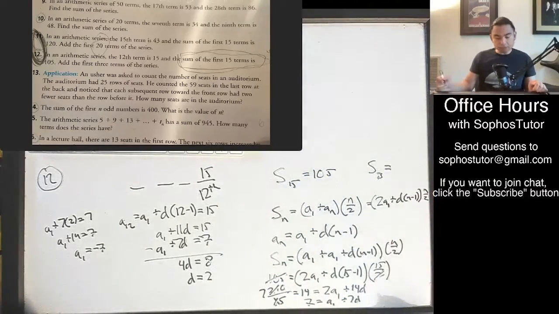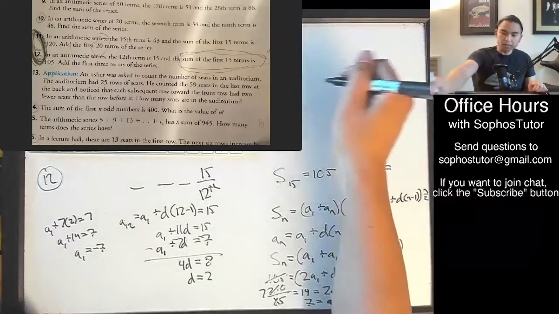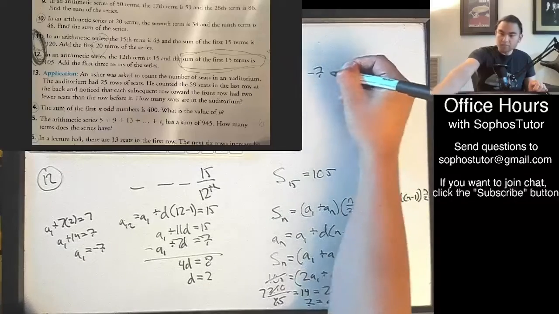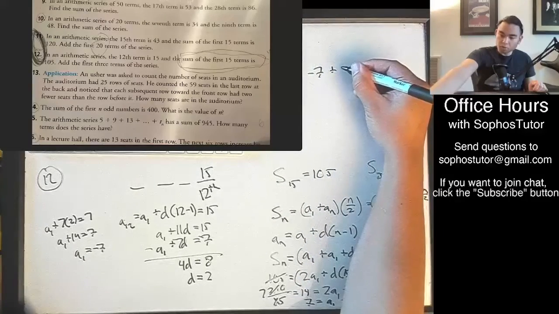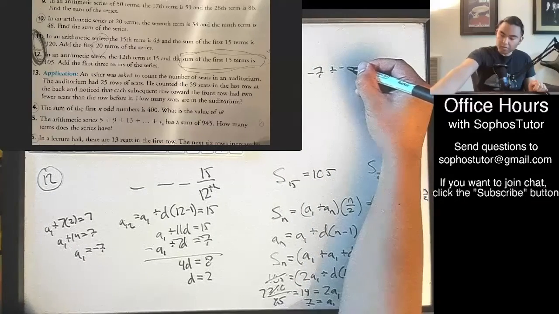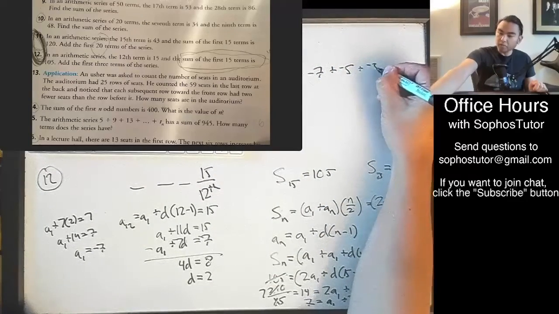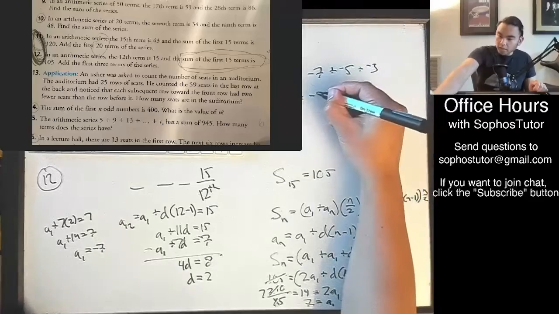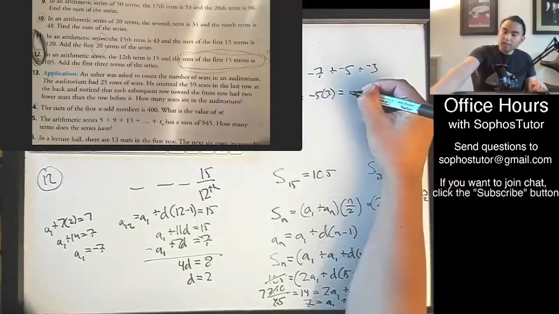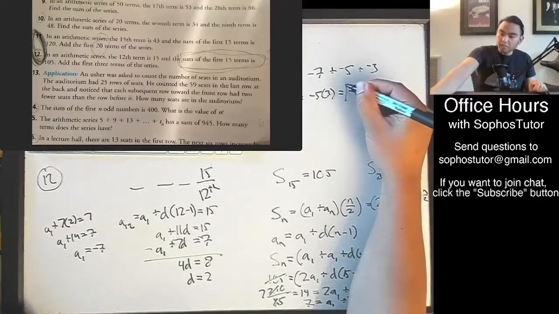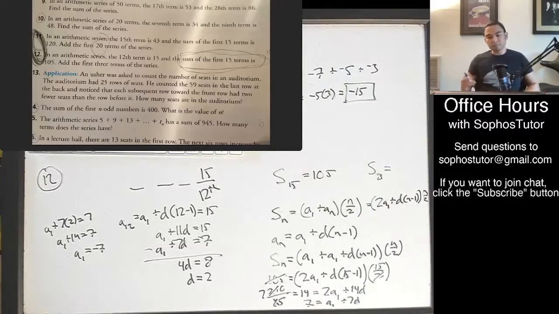S sub 3. Well, actually, we can probably just make it simpler, right? The first term is negative 7. The next term should be negative 5, because we're adding 2 to it. And the third term should be negative 3. So this should equal, what, negative 5 times 3? And so our answer should be negative 15.